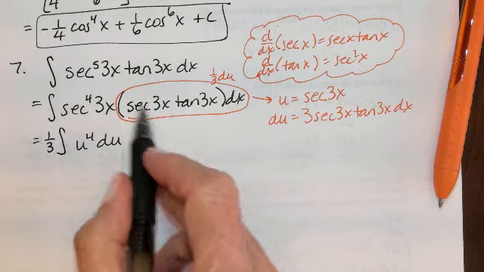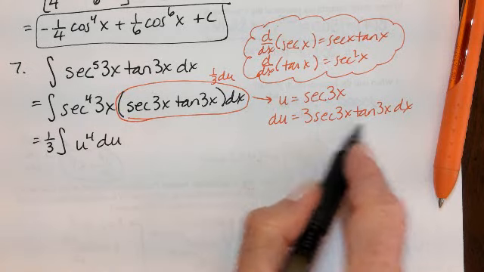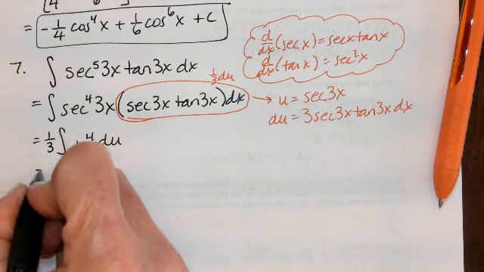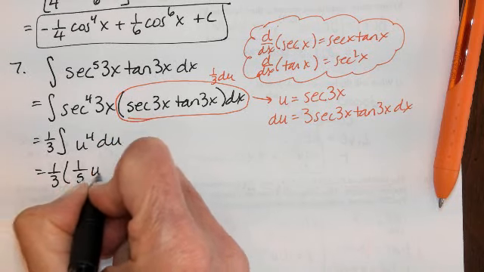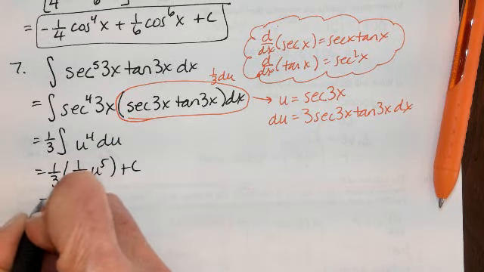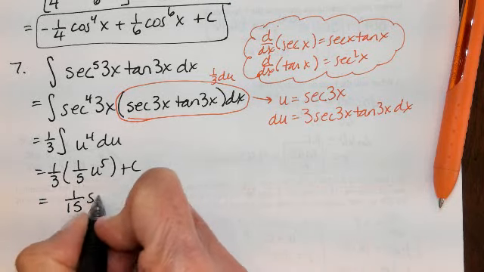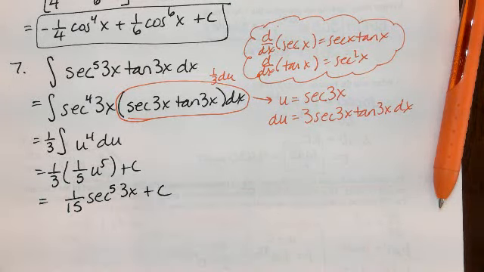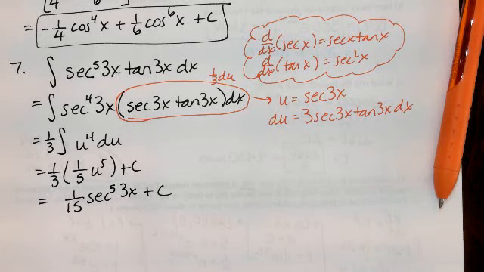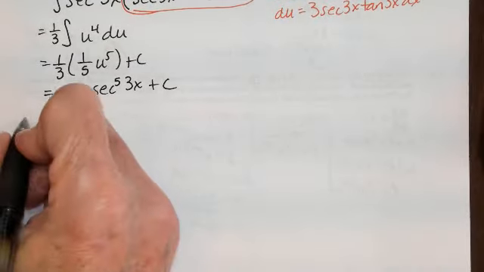So you're saving part of the trig function to use for your derivative. So this will be 1/3 times 1/5 u to the 5th plus c. This is 1/15 secant to the 5th 3x plus c. Kind of clever, huh?